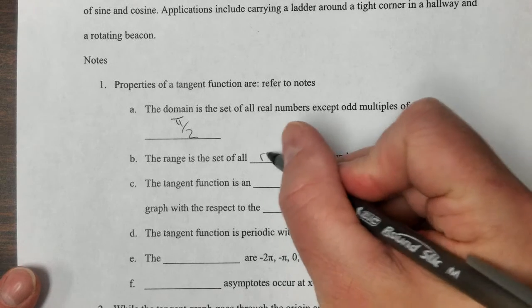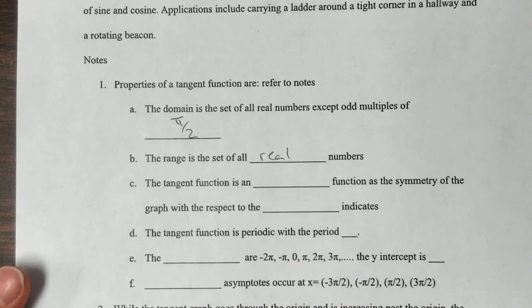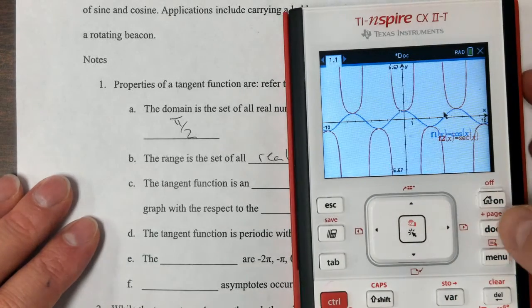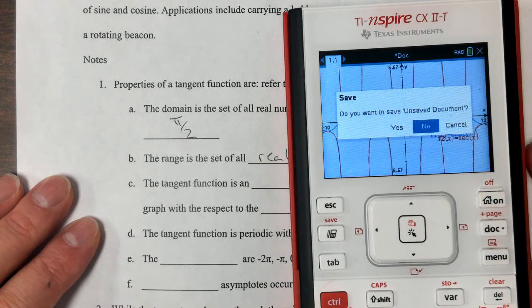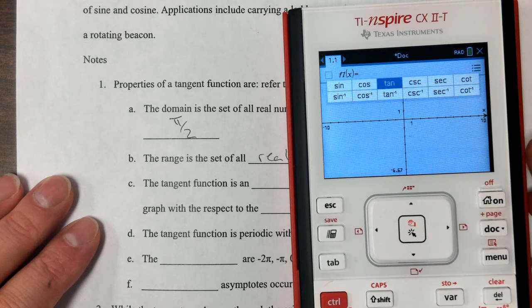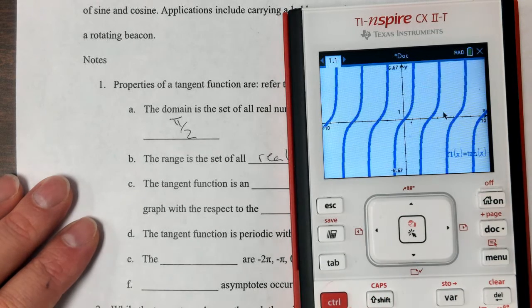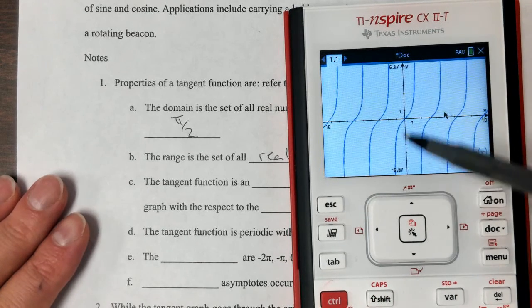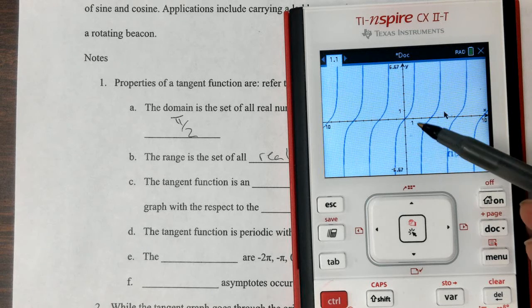The range is the set of all real numbers. So again, we're talking about tangent, so the tangent graph looks like this. It's repeating and it's increasing, and it goes through the origin.